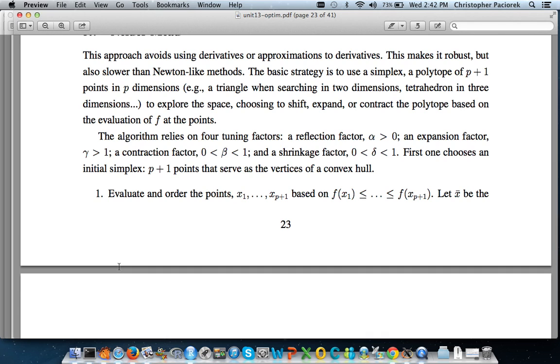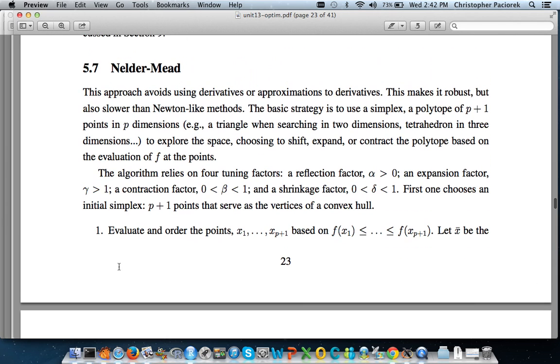So there are going to be a few different kinds of moves. In a lot of these algorithms where we're doing optimization, there's this idea of making moves and having different kinds of moves to deal with different kinds of situations, and that happens here. There are going to be 4 different tuning factors: a reflection factor, an expansion factor, a contraction factor, and a shrinkage factor.